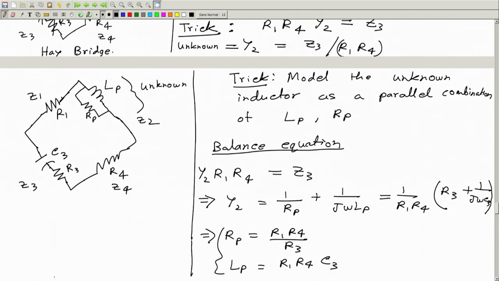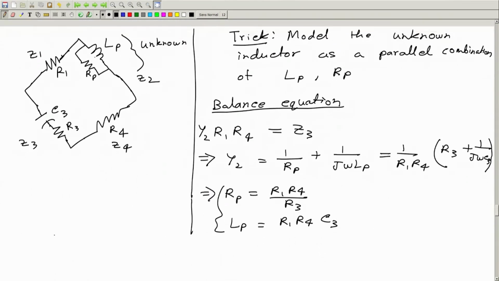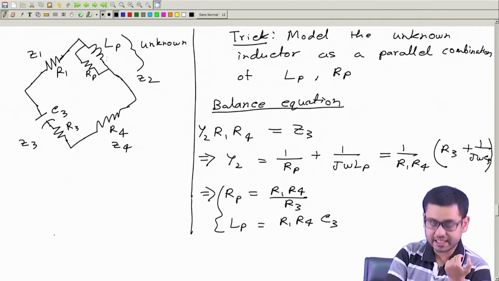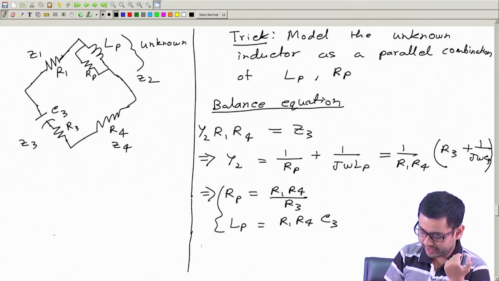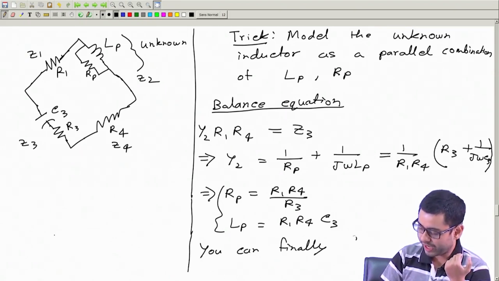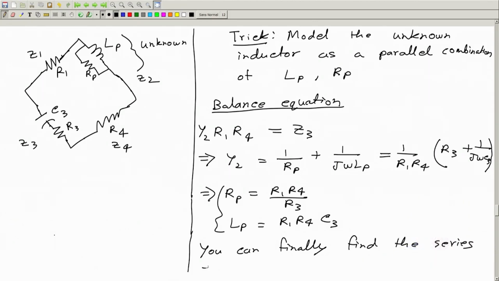Okay. So, the main trick is to model this unknown inductor in parallel combination, and then if you really want to represent this unknown inductor in the form of a series combination, you can finally find the series equivalent circuit of this LpRp.